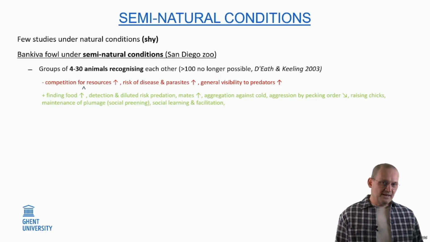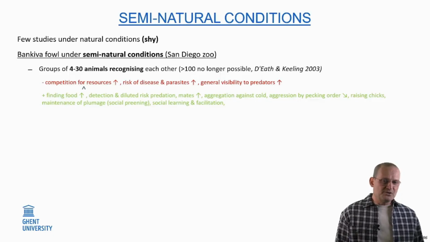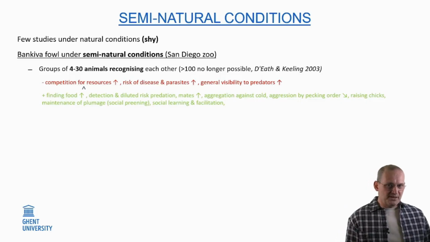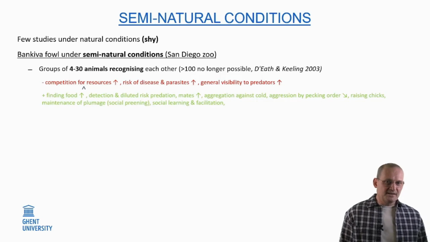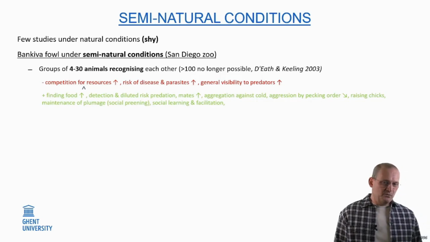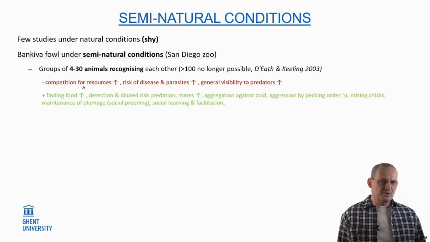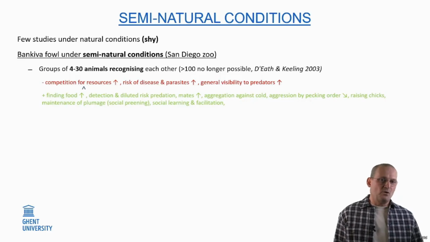You can also aggregate when it's cold, and living in a group does not induce so much aggression because they establish a very good pecking order in which it is clear who is dominant over whom, so that conflict situations don't need to be resolved by aggression because they know who is stronger than the other one.